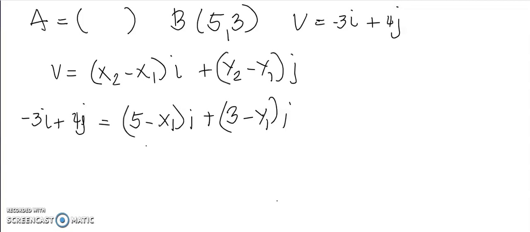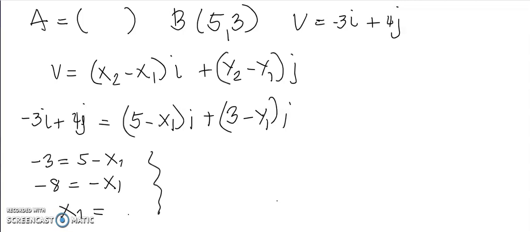So therefore we have to equate the equation now. This one is our i, this one is our j, so we have to separate the two of them. So we have negative 3 equals 5 minus x sub 1. We add negative 5 to both sides, so we have negative 8 equals negative x1. So our x sub 1 is equal to positive 8. And then the other one, j represents 4 here, right?